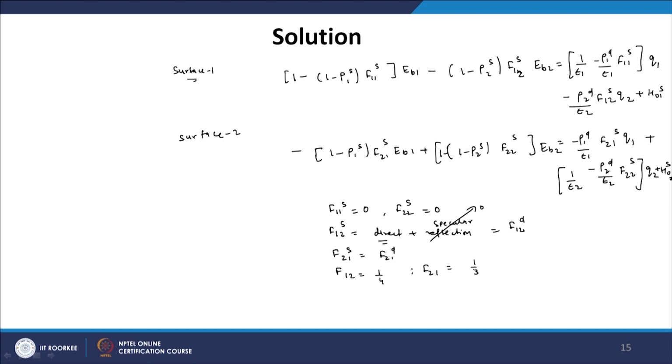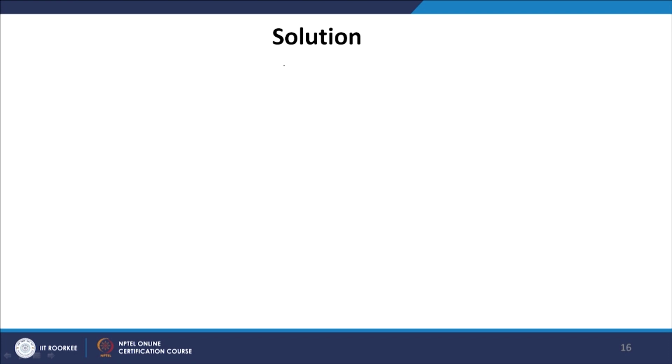So, we have calculated the view factors now in this equation, and let us now solve this problem further. So, with this simplification also the reflector plate is insulated. So, Q2 is equal to 0.